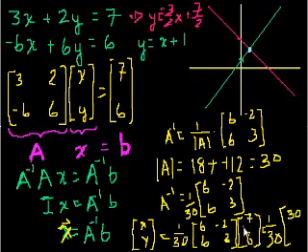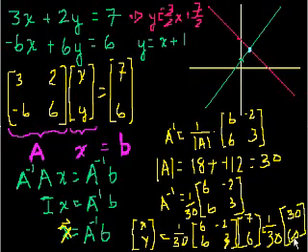And then 6 times 7 plus 2 times 6... Oh, no, sorry, this is a 3. That's why I was getting confused. It's important to have good penmanship. So 6 times 7 is 42 plus 3 times 6. So it's 42 plus 18, which is 60.